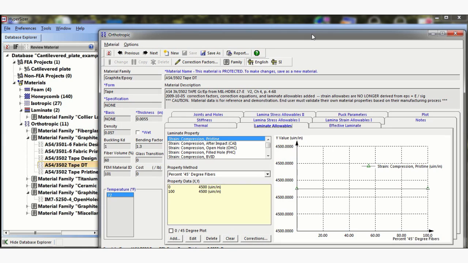So the question is, why would I want to do ply-by-ply laminate analysis instead of laminate allowables? I don't have all the answers, but from the best of my memory, I think personally ply-by-ply analysis is kind of a farce, just a very theoretical solution to a problem that's not appropriate, because it works very well if we have no damage.